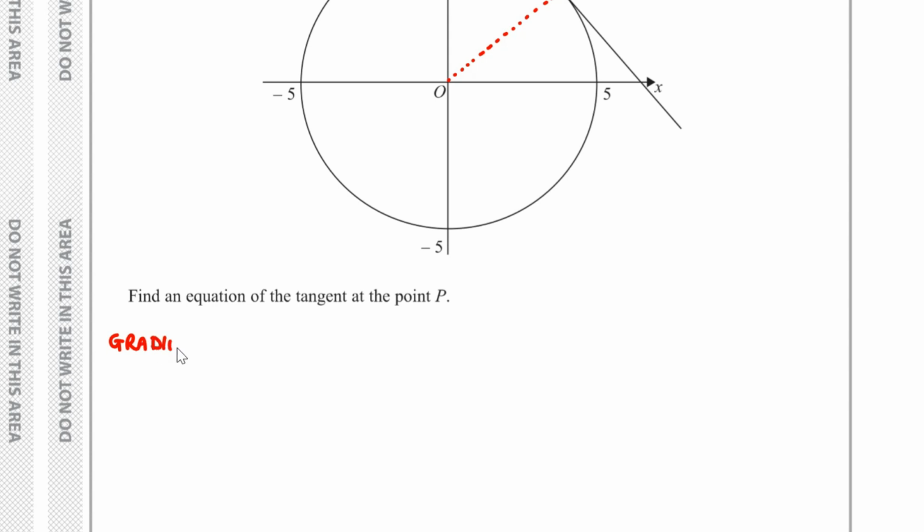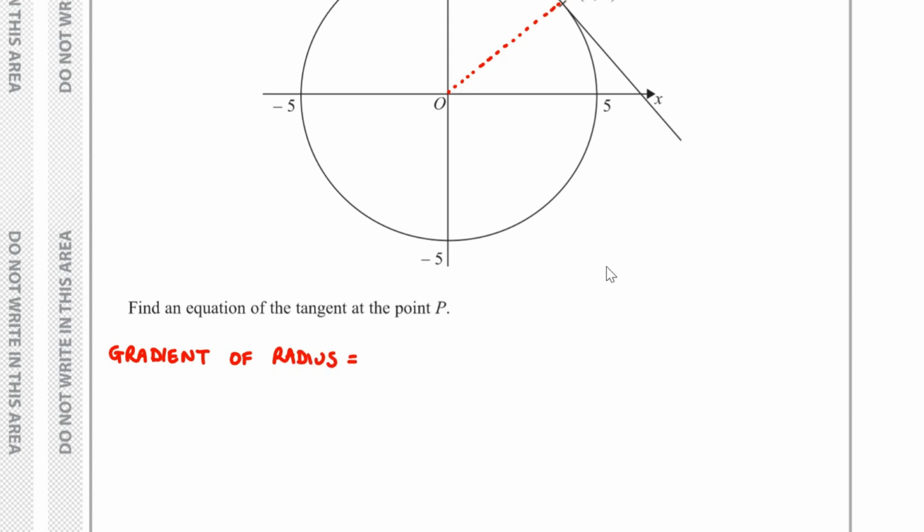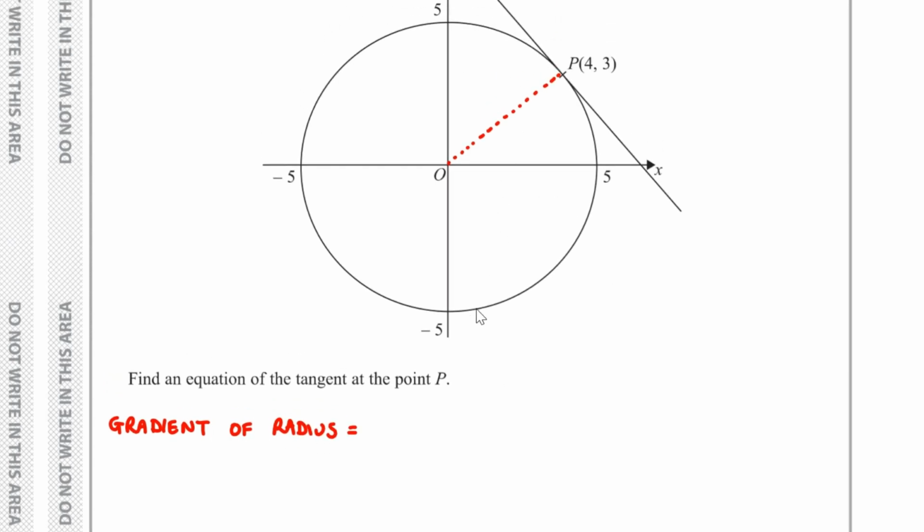The gradient of the radius is equal to the change in y, 3 take away 0, over the change in x, which is 4 take away 0. You'd find the gradient of the radius is 3/4.